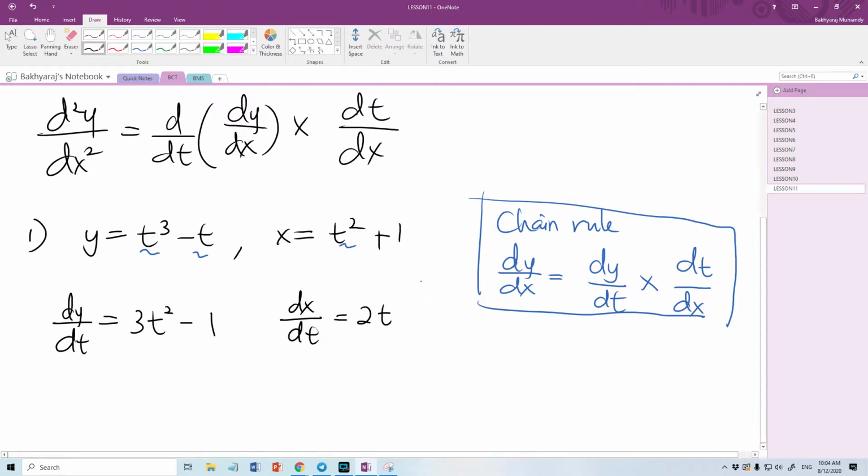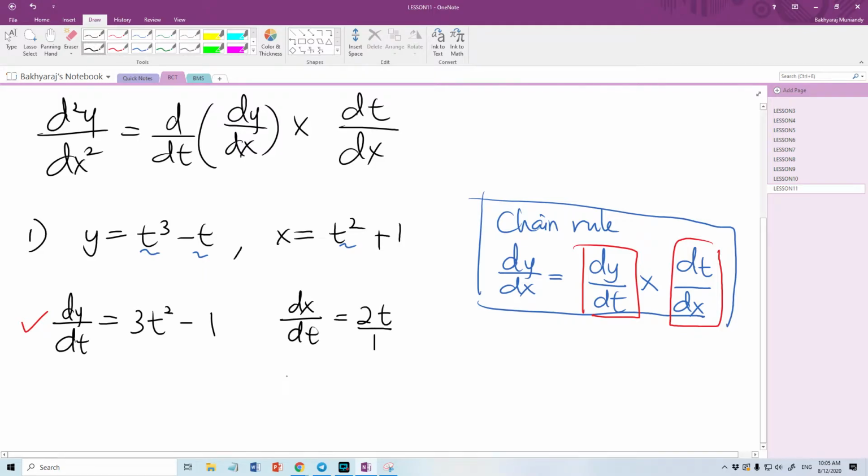Now I want to put into the formula. My formula says I need dy dt, which you already have, and I need dt over dx. Here we have dx over dt, so I must change the numerator to the denominator. This is a fraction, dx over dt, so I write 2t over 1.